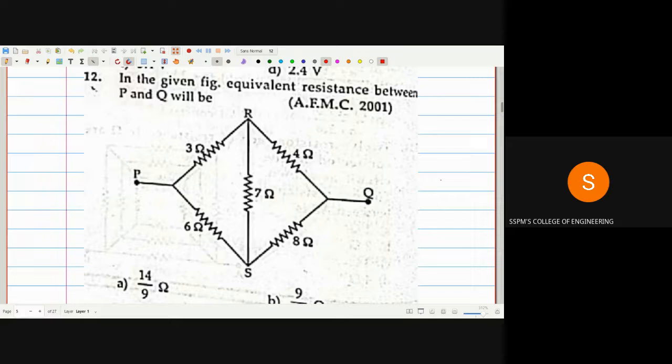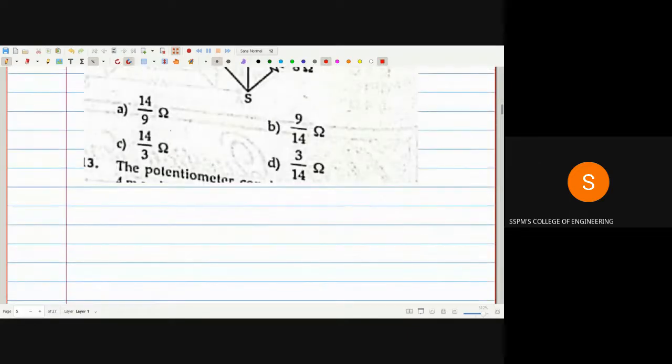When the bridge is balanced, the product of opposite resistances 3 into 8 is equal to the product of these two opposite resistances. So 3 into 8 is 24 and 6 into 4 is 24. So your bridge circuit is a balanced circuit.